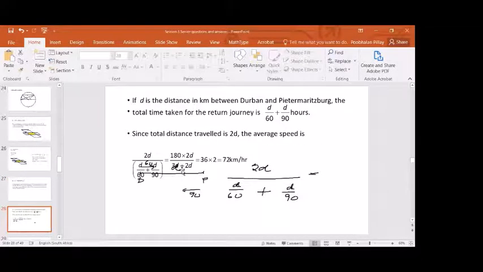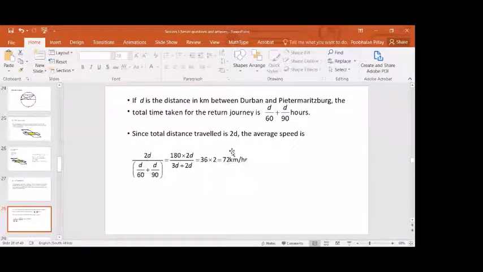It turns out, so this is what I've got, and if I multiply on both sides by 180, that's the LCM. That's a nice way of getting rid of fractions. Multiply by the LCM, but this is a fraction, so you multiply numerator and denominator by that, and the d's cancel, and you got 3 plus 2 is 5.